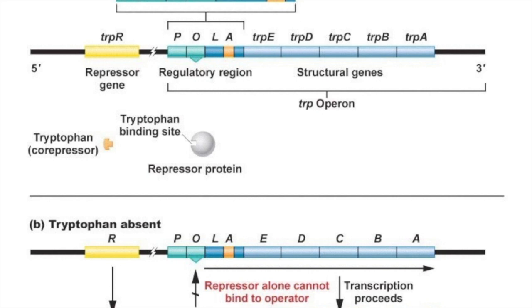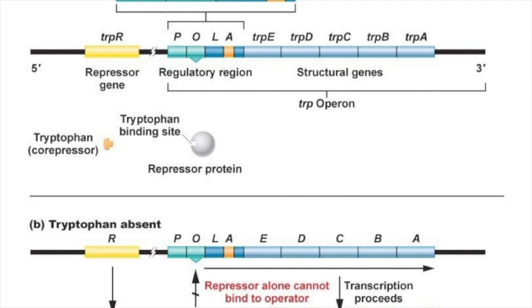Okay. The first example at the bottom here, example B, is when tryptophan is absent. So the repressor gene is transcribed and translated, and we end up with lots of this repressor protein, but the only thing that protein can bind to in its naive, new baby form is tryptophan. Well, this is the gene region, or the operon, responsible for making tryptophan.